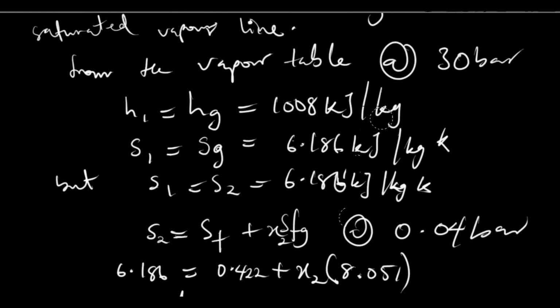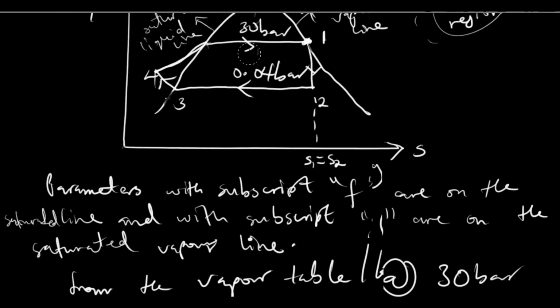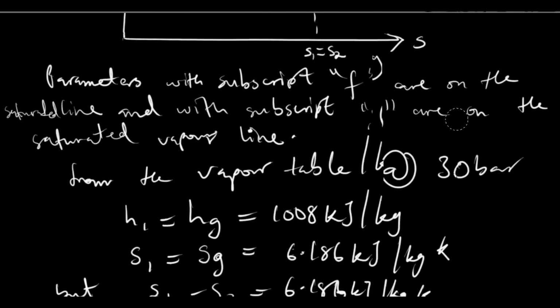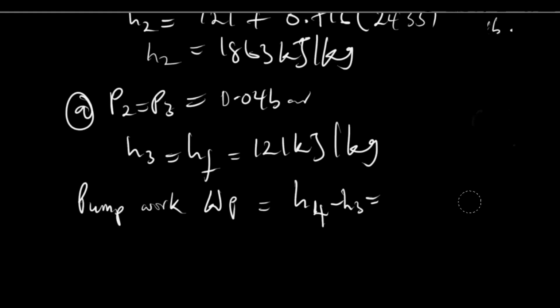So you can see that the pressure is at 30 bar and at 0.04 bar. So practically it is going to change. So instead of having P dV, we have V dP.